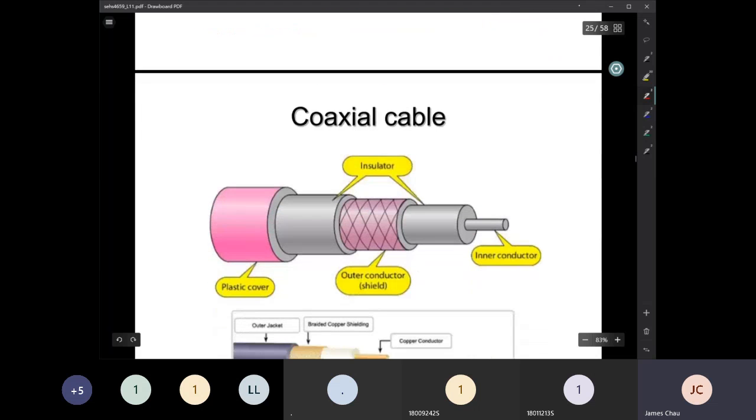You can see we have the inner conductor. Normally it carries a positive voltage, and we have the insulator here and here, and in between the two insulators we have the outer conductor. Normally it is the ground, in order to complete the circuit.